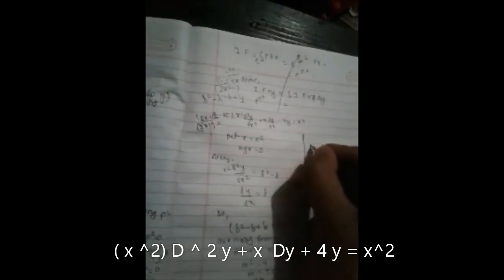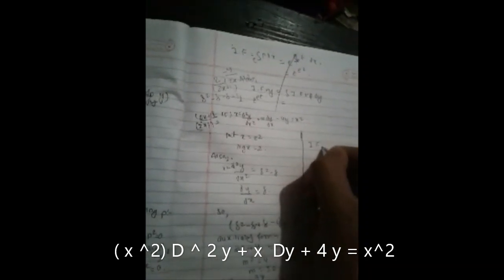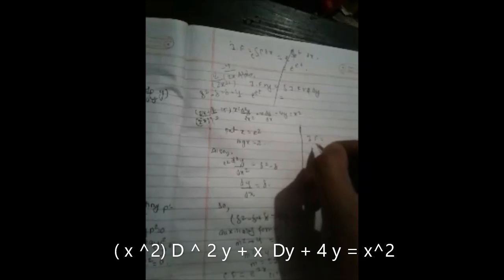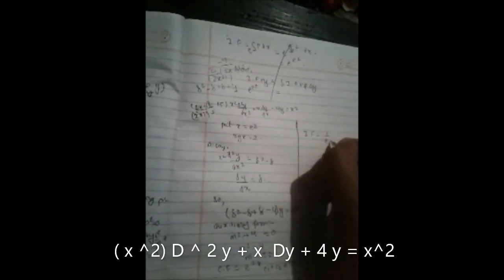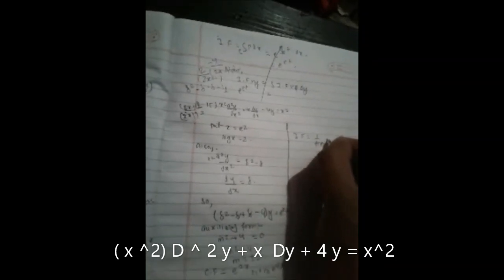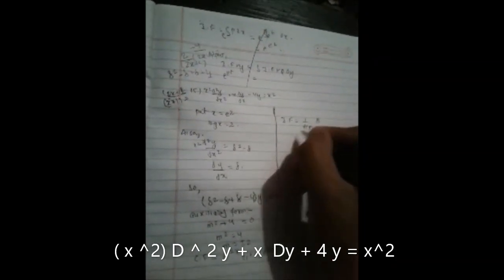Now we have to find IF. The required solution is CF plus IF. IF is 1 upon f(D) of Q. What is Q here?